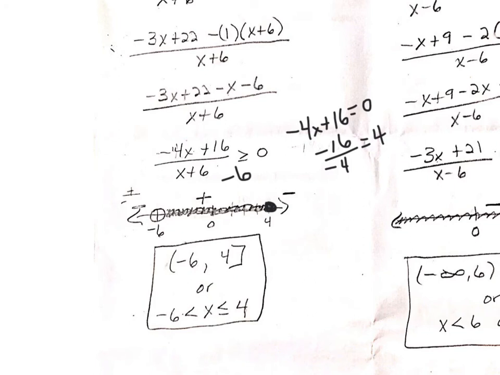I can write it in interval form or as an inequality. Either way, whichever one you want to use, I prefer this way, only because I know that when you get to pre-cal, that's the way you're going to be expected to write your intervals. But if you write it either way, I'll accept that answer on the test.